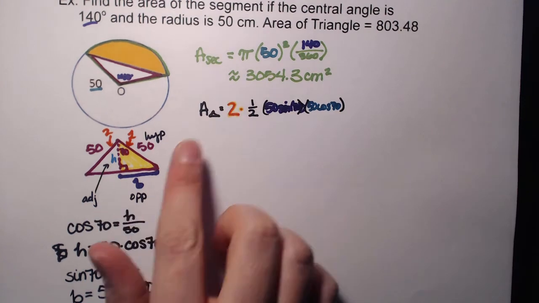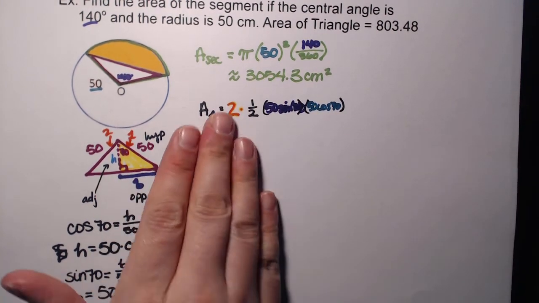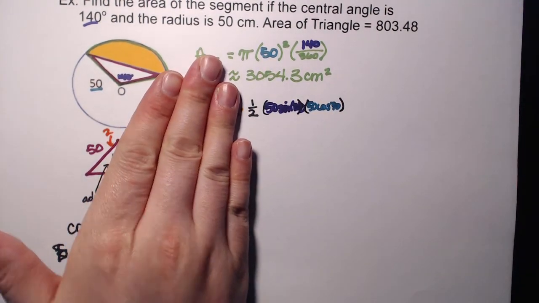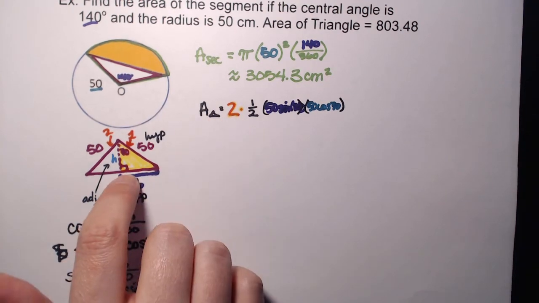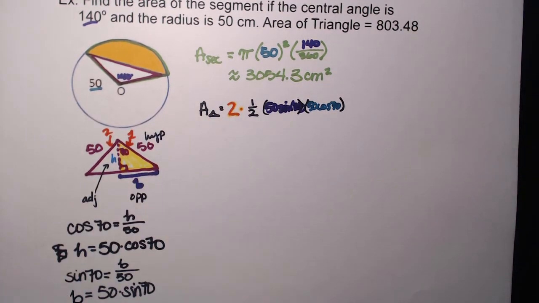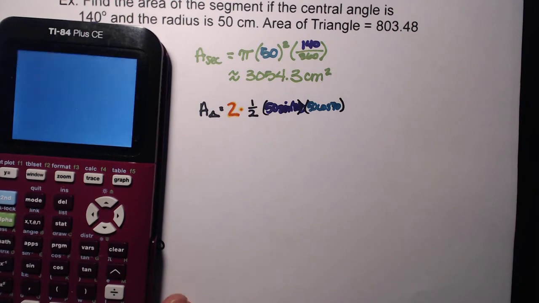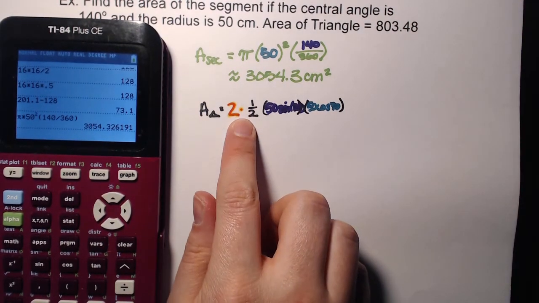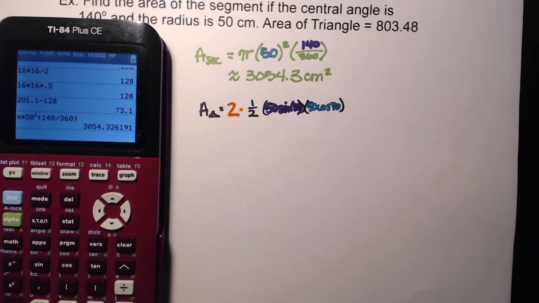So my area of that right triangle right here is the 1/2 base times height, and then I have to multiply it by 2 because I have 2 triangles. So we're going to type that in. Well, the 2 times 1/2 is just going to reduce to 1, but feel free to still type that in.